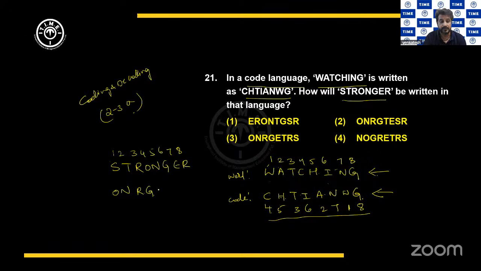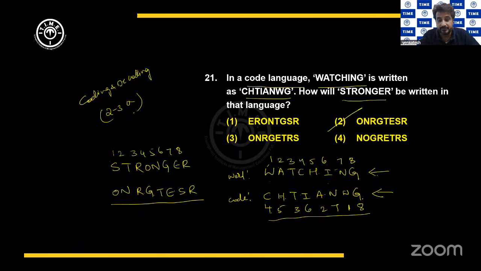Next, 2, 7: TE. 1, 8: SR. This will be your answer: ONRGTESR. Yeah, choice 2 is your answer. Okay, right.